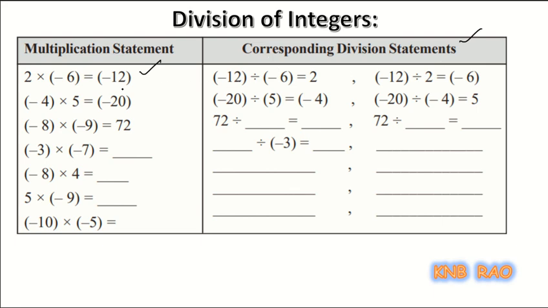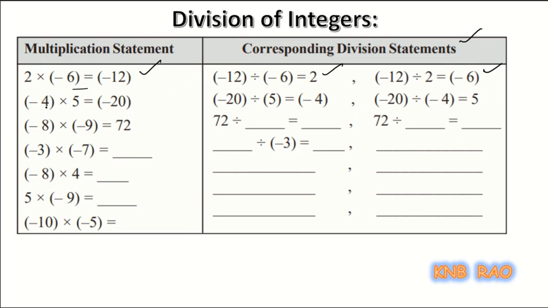When this product is divided by one of the multiplicands, the result is the other multiplicand. When minus 12 is divided by minus 6, the result is 2, or minus 12 is divided by 2, the result is minus 6. So from each multiplication fact we will get 2 division facts.